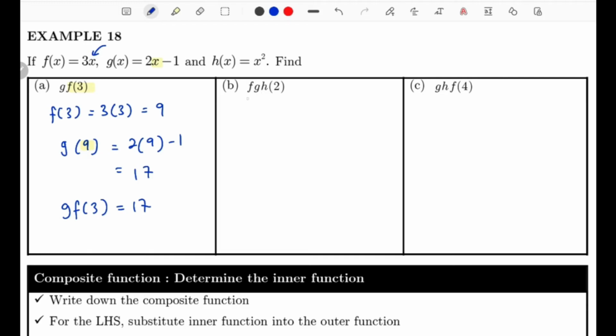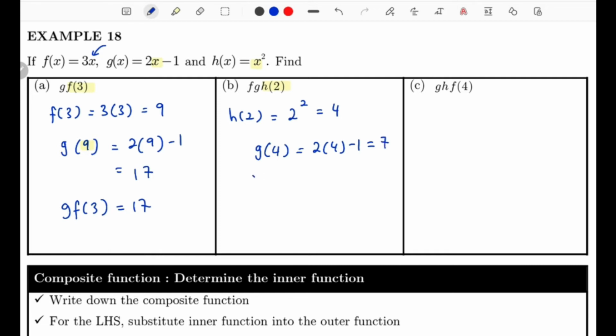Next, fgh(2). Find h(2) first. h(2), substitute 2 into the x, 2 squared, which is 4. And then find g(4). g(4) is just simply substitute x equal to 4, which is 7.